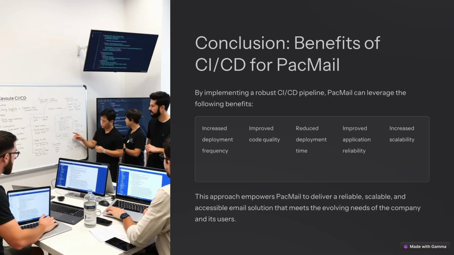Okay, that's the conclusion and the benefits of the CI/CD of Pacmail: we can increase the development frequency, and it will be documented really well, and improve code quality because of the testing, the versioning from GitHub, and the container registry.